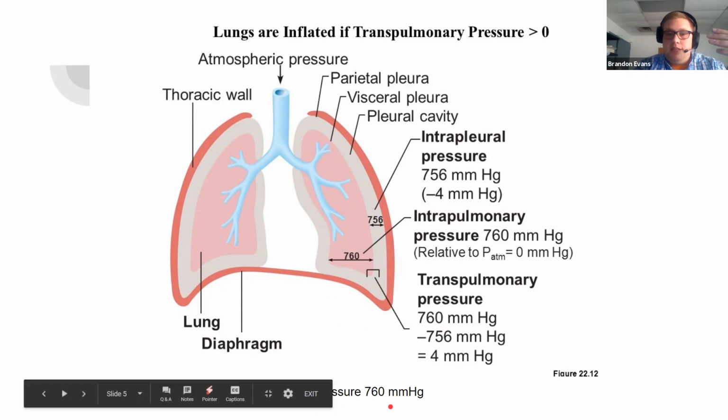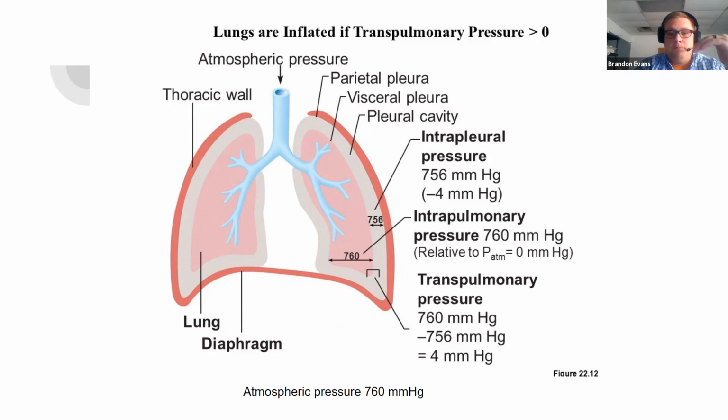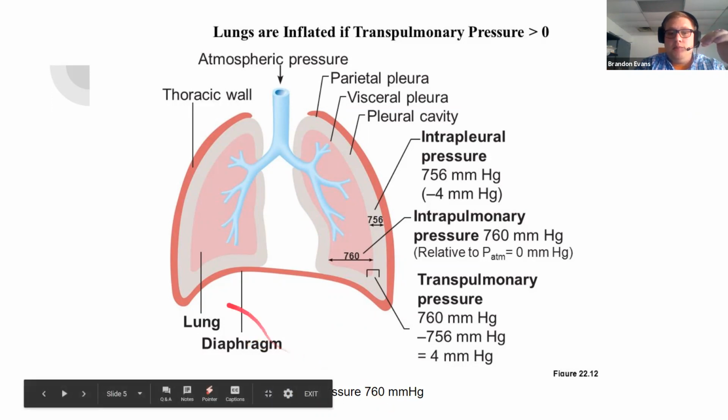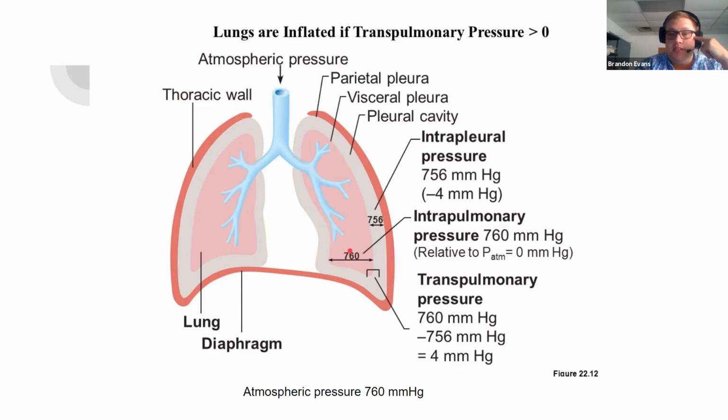And as we've mentioned, that rule of gases, that will always move from a high pressure to a low pressure. As they move into the lungs, we can see that pressure matches at 760. And as we're born, our thoracic cavity actually grows faster than our lungs do. So it actually develops a negative pressure in this pleural cavity.